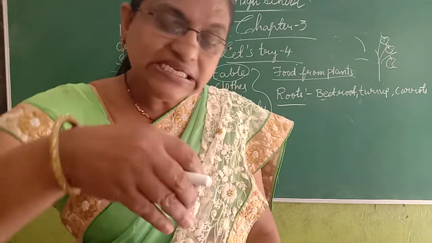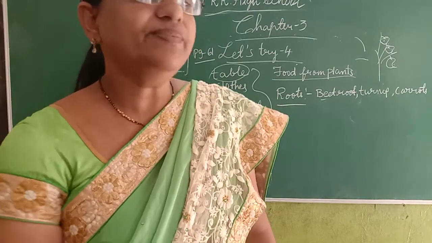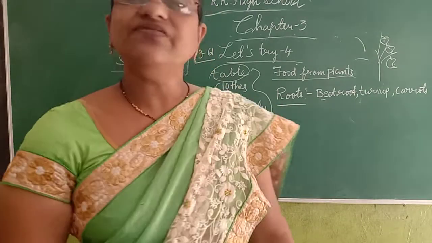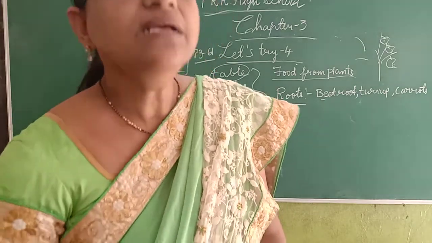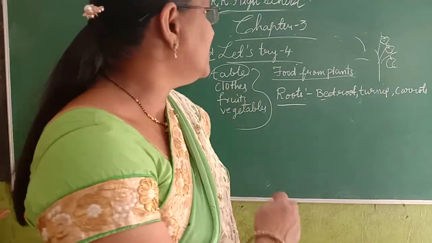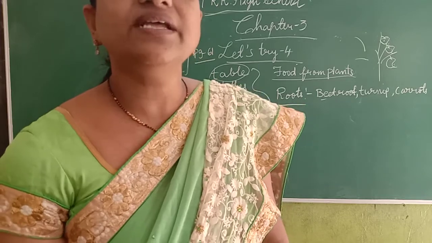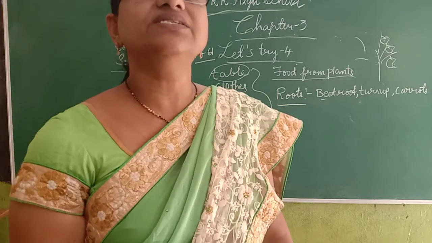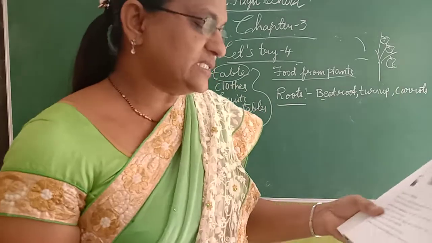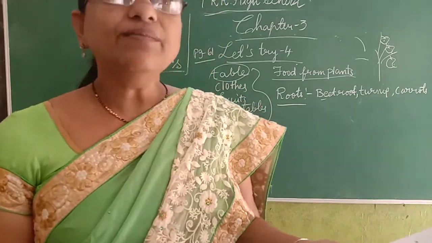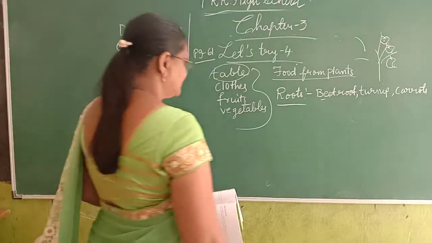Because they are inside the soil. The same thing here, these vegetables we can't see because they grow inside the soil. That's why we call them root vegetables. Root vegetables means what? Beetroot, turnip and carrots. Okay, then we move on to the leaves.